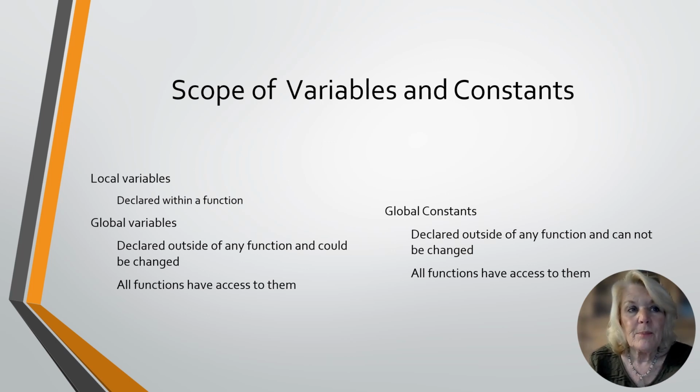This is a problem because another function could change the value of that variable, which was not supposed to be changed. The solution is to create a global constant that is available to the other functions, but the functions cannot change that value because it is a constant.